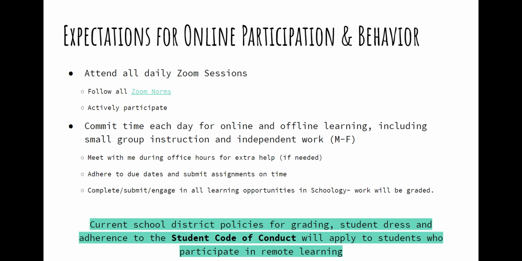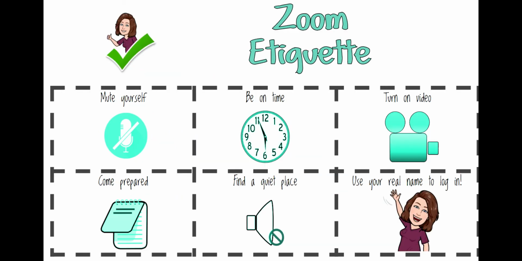I also ask that students commit time each day for online and offline learning. Students may be pulled for small group instruction, but that's not going to be every day for me. But the school has really built in time to the student schedule so that during school hours, they do have time where they can be working on the independent activities. If students need extra help, my office hours are there. And please, please, please turn things in on time and really engage with the material.